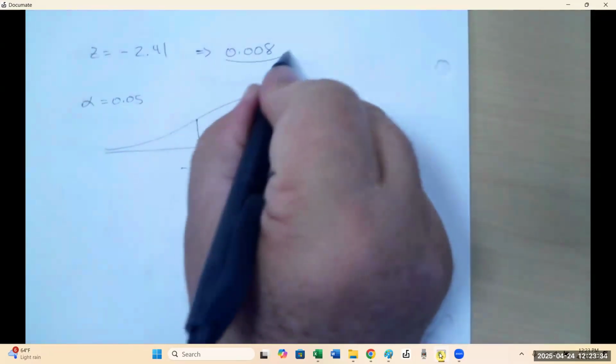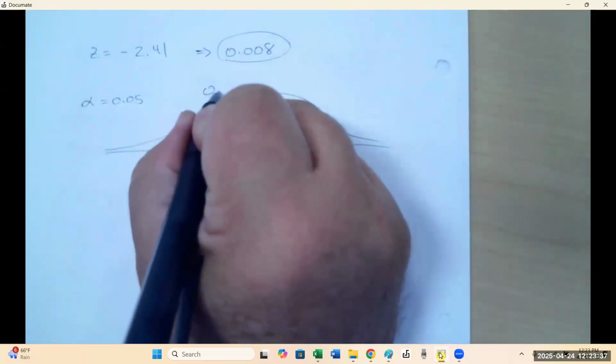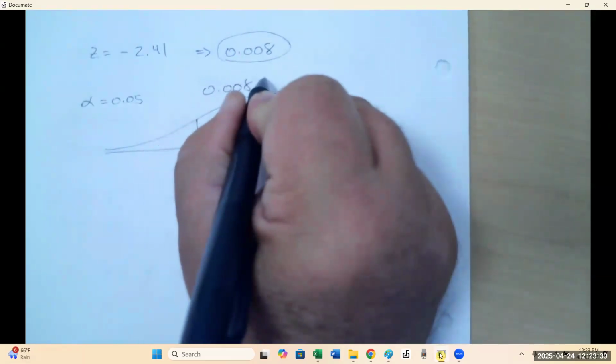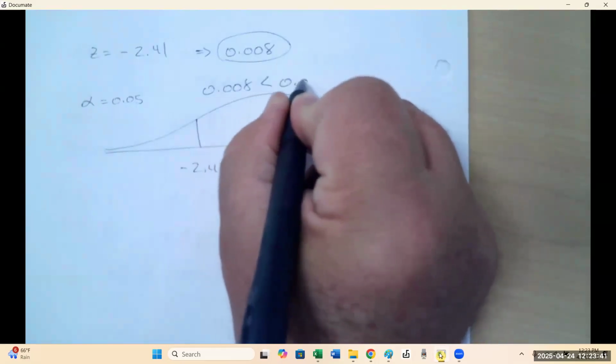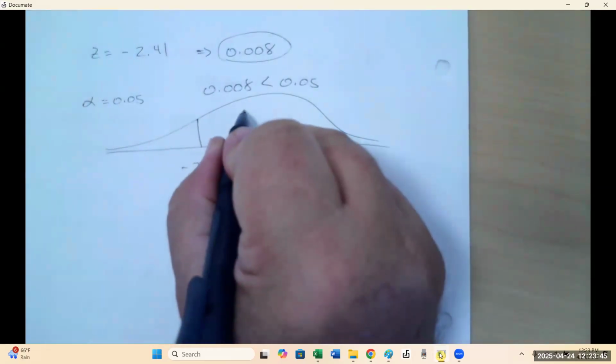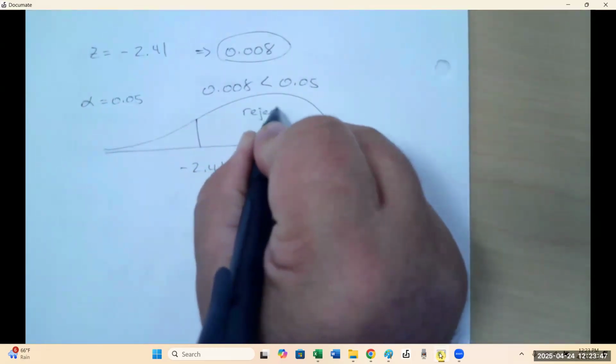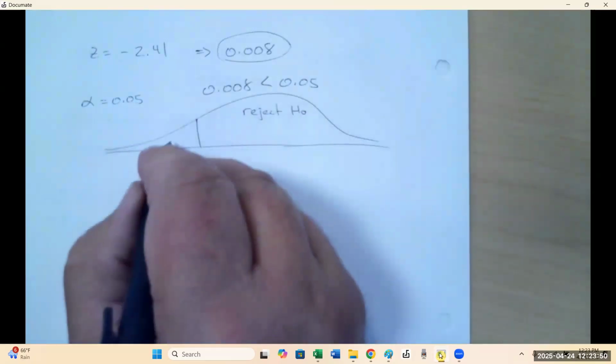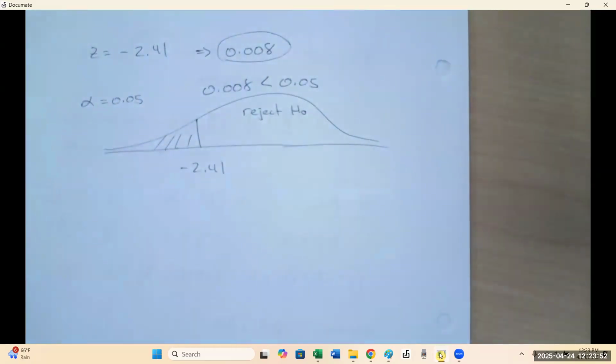And our value here, 0.008, is less than 0.05. That means it falls in there.